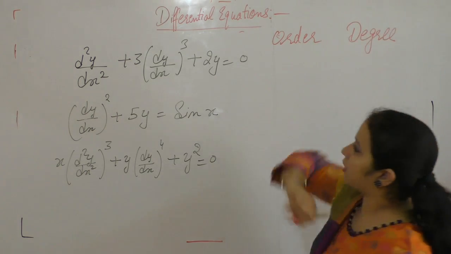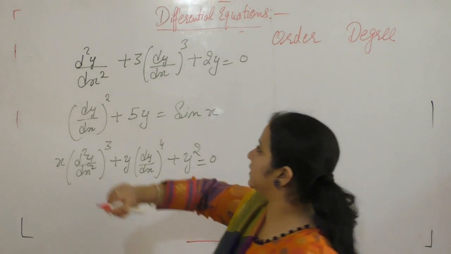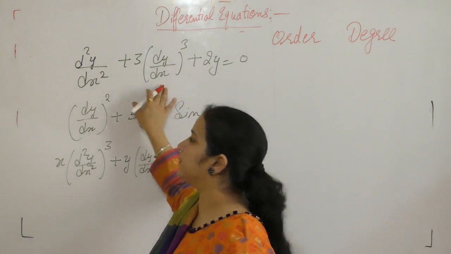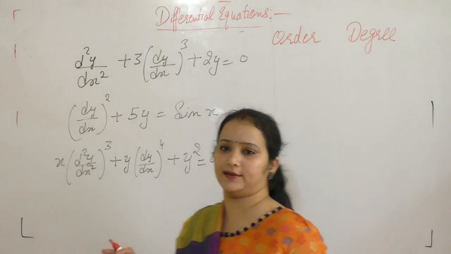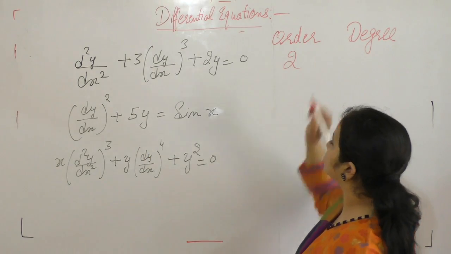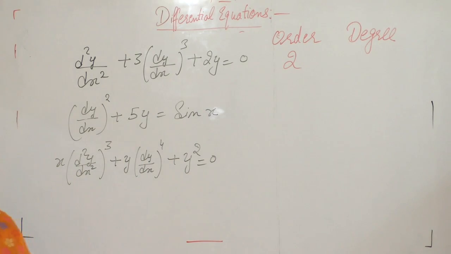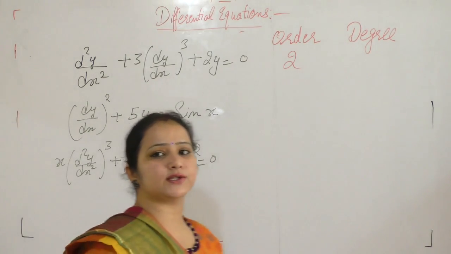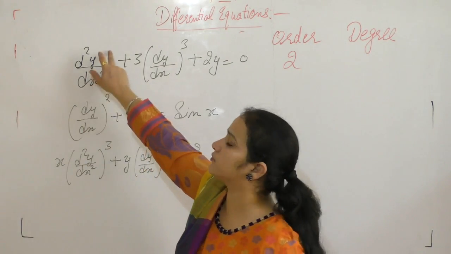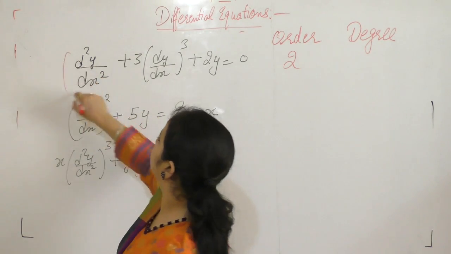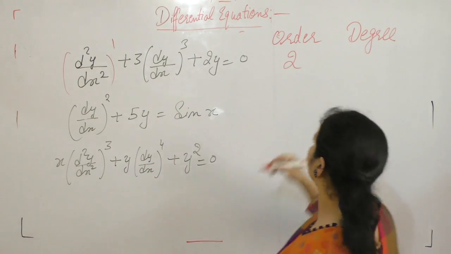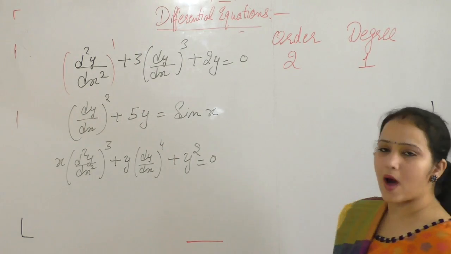What is the order? Order is the highest order derivative. This is first order derivative and this is second order derivative. So order of this equation is 2. Now what is the degree? Degree is power of highest order derivative. Here the power of highest derivative is 1. So degree of this equation is 1.